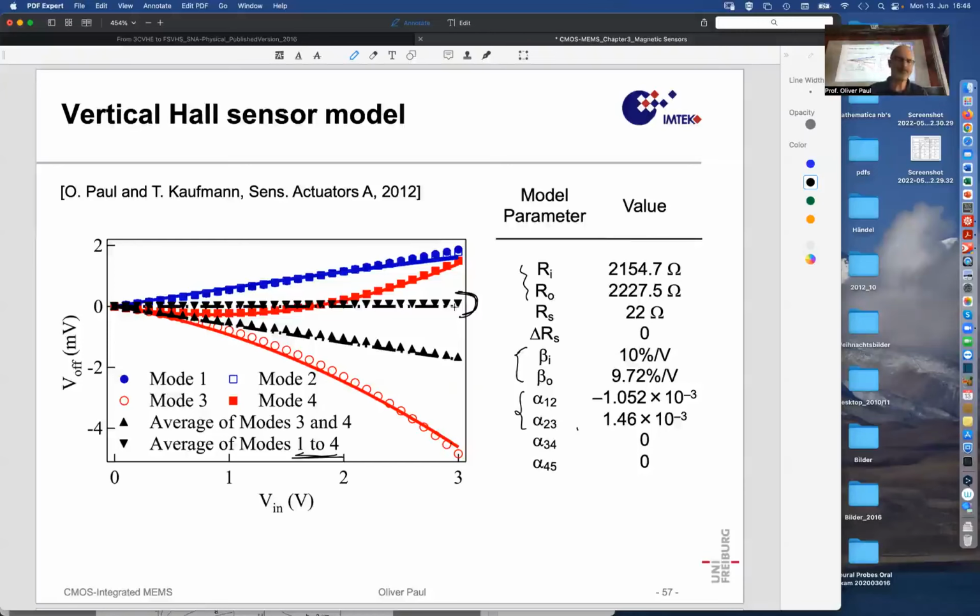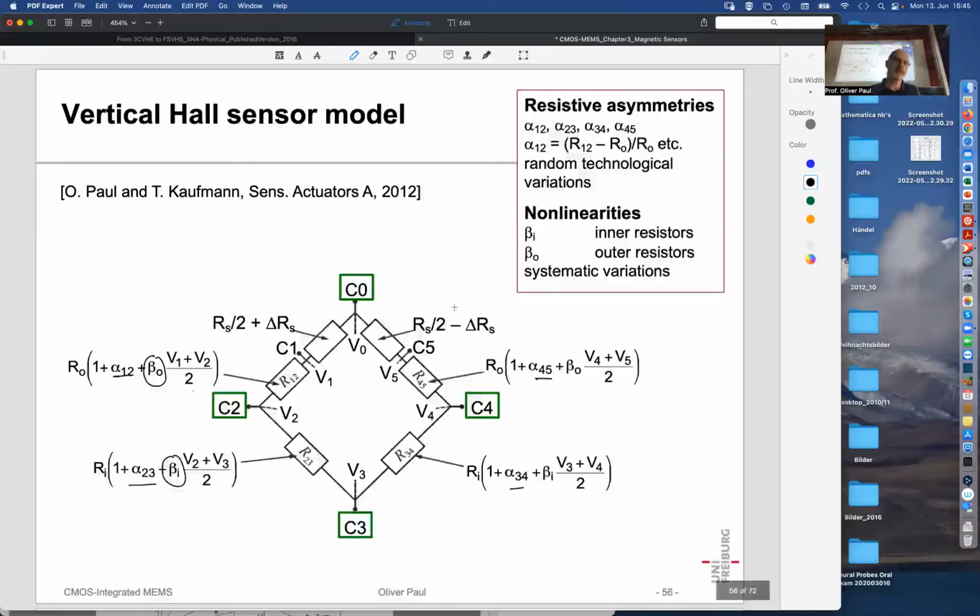And so what was the reason? Well, the reason is that this Wheatstone bridge, although with respect to left and right it is quite symmetric, with respect to this axis here it is not symmetric. So it is slightly less symmetric than a standard Hall plate.